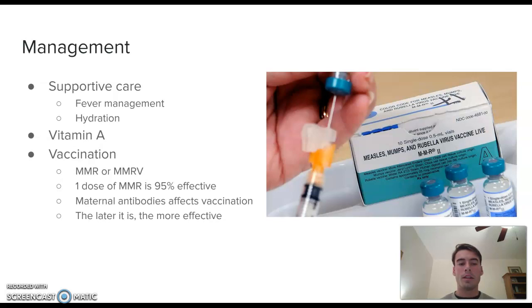Something interesting about vaccination is you have to give the vaccine to children who are 6 months or older because the maternal antibodies will actually affect vaccination. When the fetus is still inside of the mother, they will be passively acquiring antibodies from the mother.